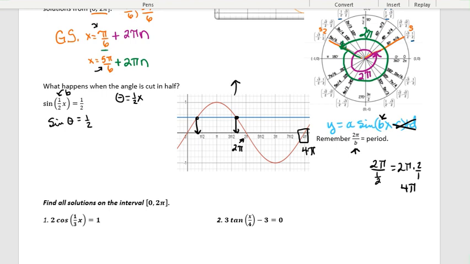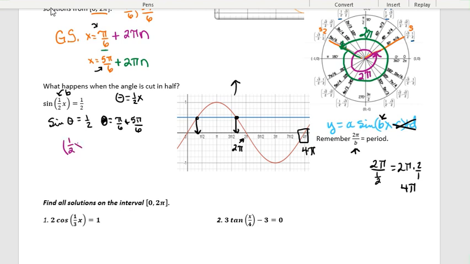Well, from up here, we know that's where theta is equal to pi over 6 and 5 pi over 6. But that's not what we have, though. We don't have theta equals that. If we did, we would be done. What we do have is theta is 1/2 x.